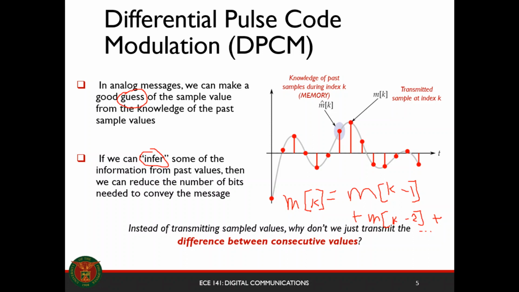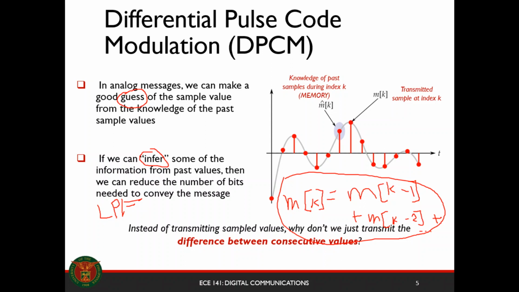Okay? This actually is a form of low-pass filtering. So this is a form of low-pass filtering in the digital domain. And because of low-pass filtering, your high-frequency components are reduced.